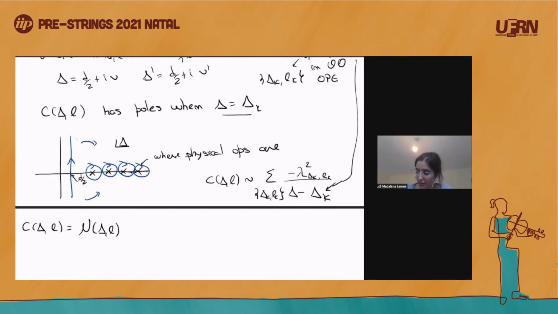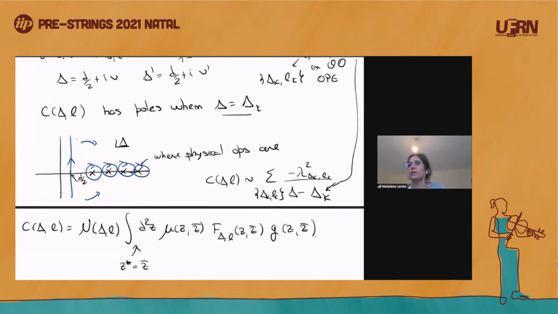There are some normalizations that I won't write down, but I integrate over, I'm in Euclidean, remember, so Z bar equals Z star. So I'm integrating over complex Z, over the complex Z plane, with some measure times this. So this is an inversion formula, a Euclidean inversion formula.